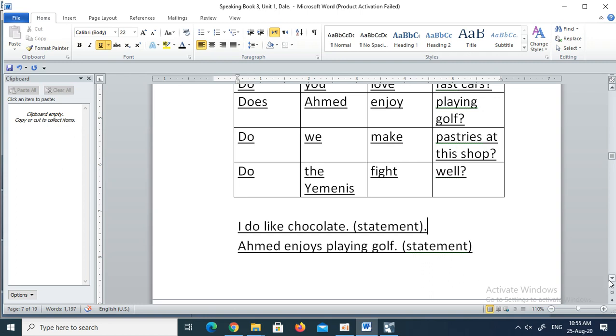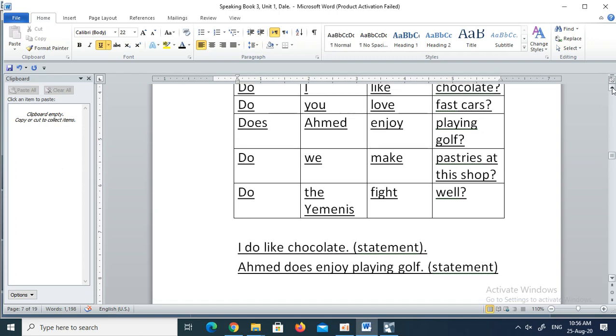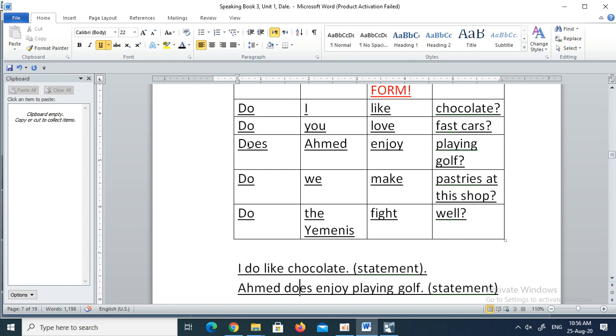If we want to change it to a question, Ahmed does enjoy playing golf. All we need to do is we swap the does, and that goes first, and the Ahmed comes second. So it becomes a question. Does Ahmed enjoy playing golf?